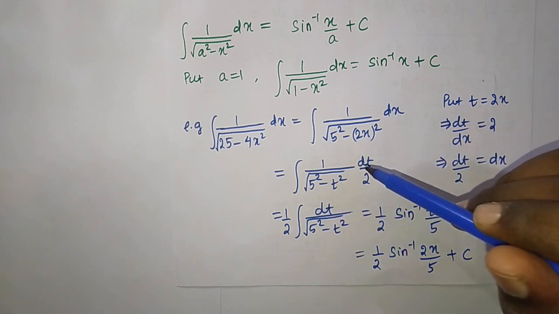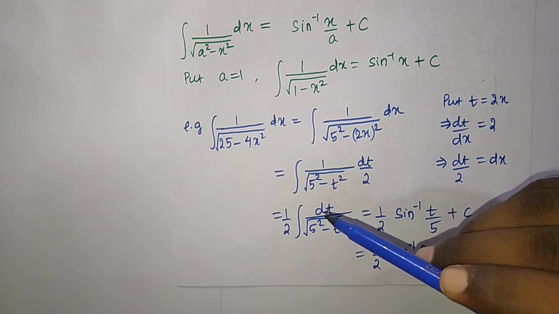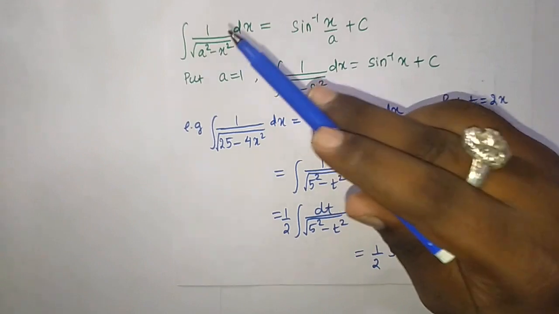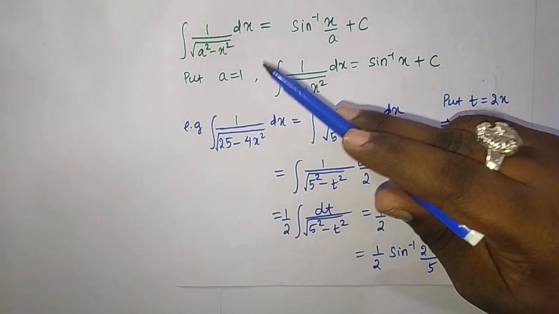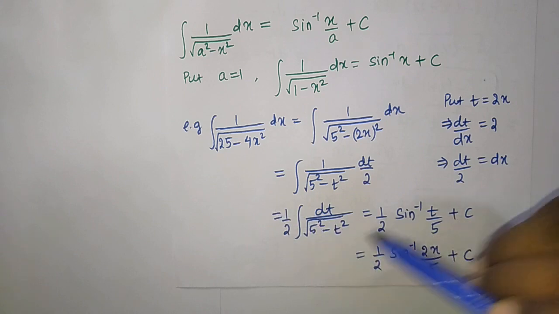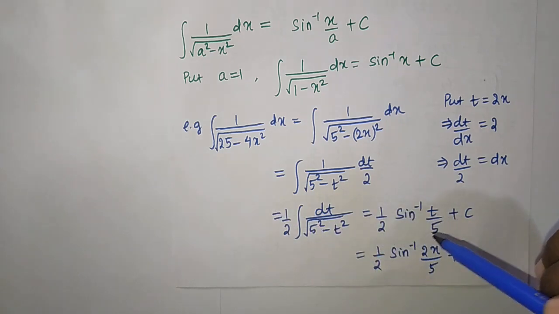So put dt by 2 in place of dx and t in place of 2x. Then take this 1 by 2 term outside the integration, and you have dt by root over of 5 square minus t square, this form. We know the formula for this form, so this is equal to 1 by 2 into sine inverse t by 5, since 1 by 2 is initially there.